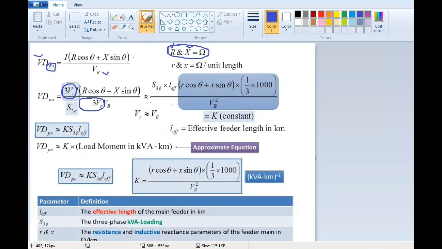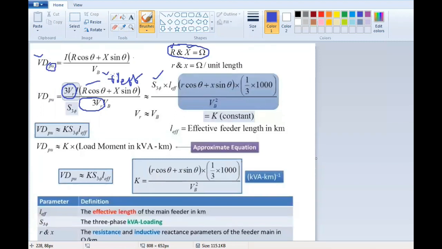Now this will be approximately equal to, so this 3 Vr I we can write as the 3-phase power, and it will be (r cos theta plus x sin theta). So this we can write as r equal to small r multiplied by L effective, where small r is the ohm per unit length.